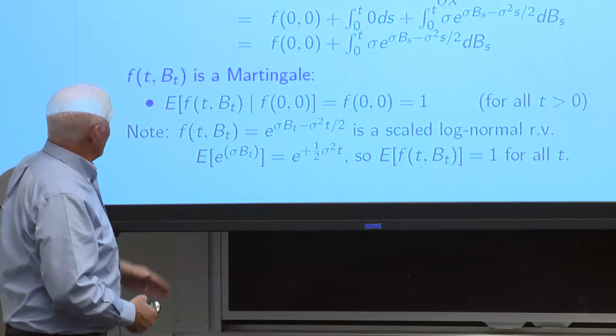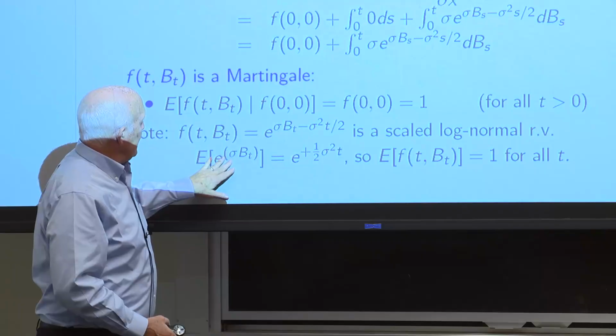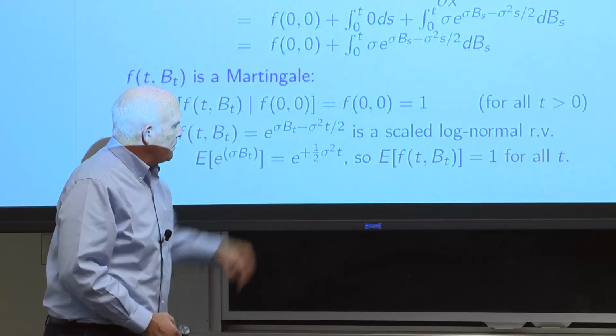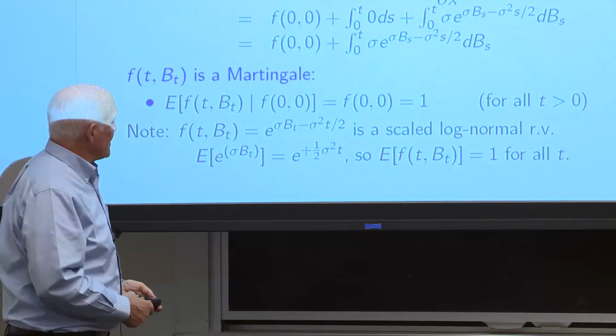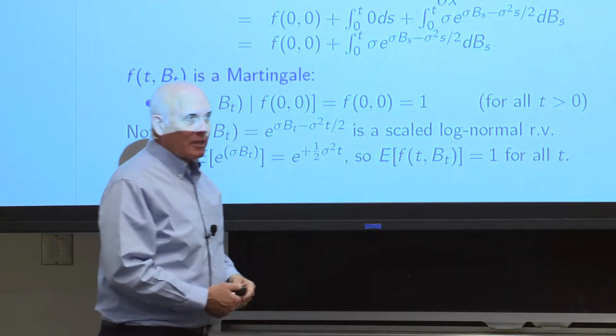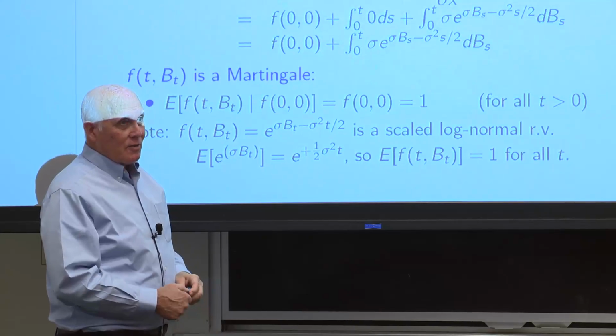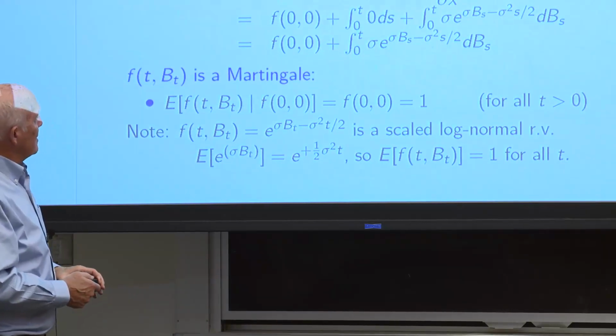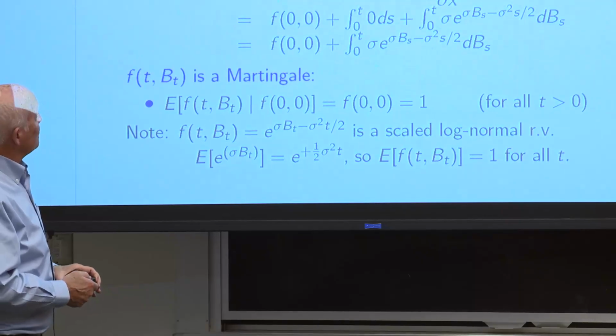And the expected value of e to the sigma Bt is equal to e to the 1/2 sigma squared t. We proved that, I believe, in a problem set. And so the expectation of f of t, Bt is going to equal 1 for all t. So this little f is in fact a martingale.